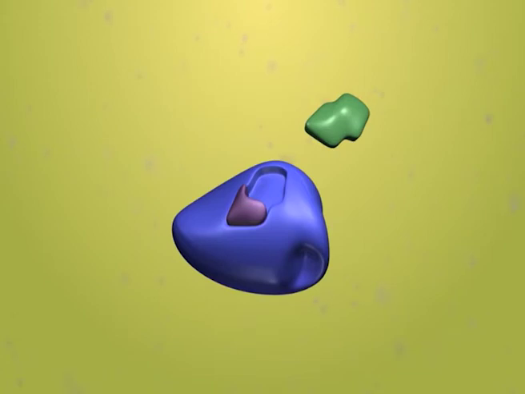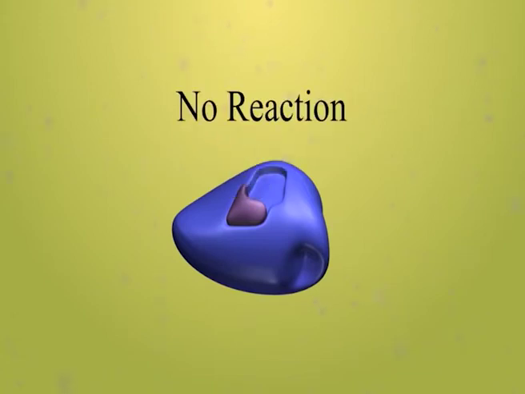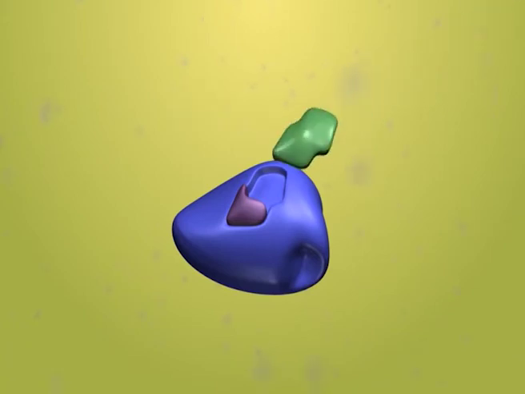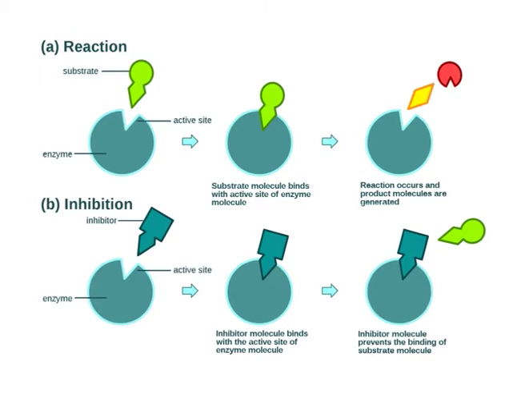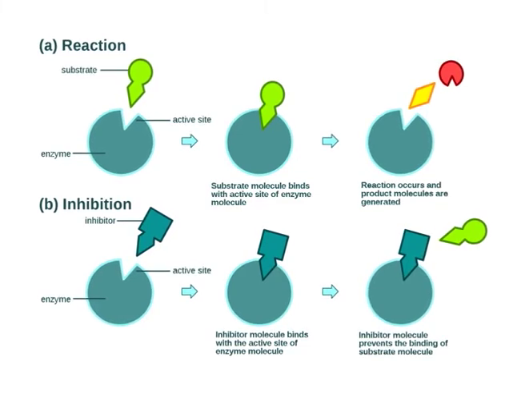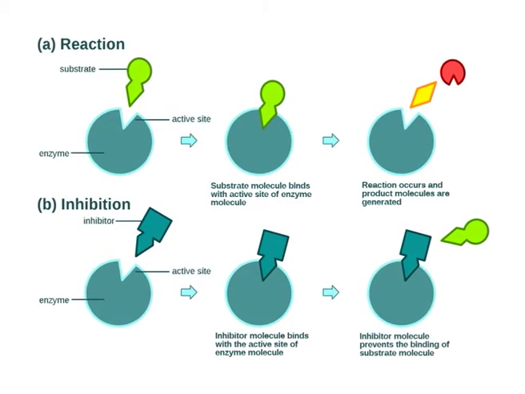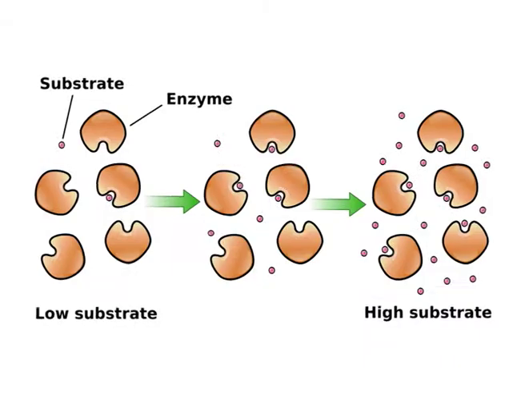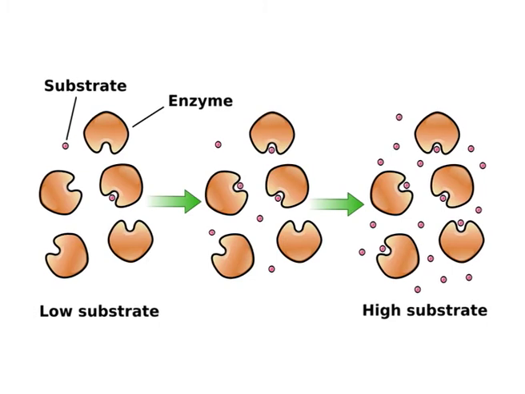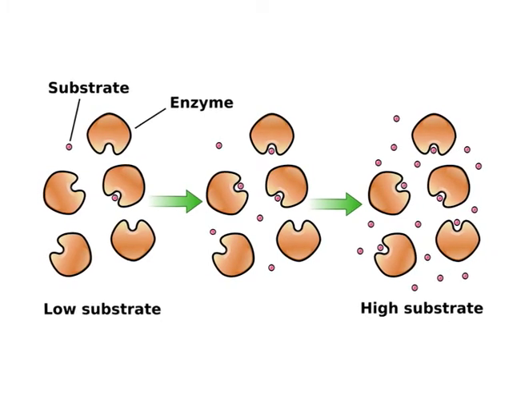As long as the competitive inhibitor holds the active site, the enzyme is not available for the substrate to bind. The relative concentration of the substrate and inhibitor and their respective affinity with the enzyme determine the degree of competitive inhibition. The inhibition could be overcome by high substrate concentration.